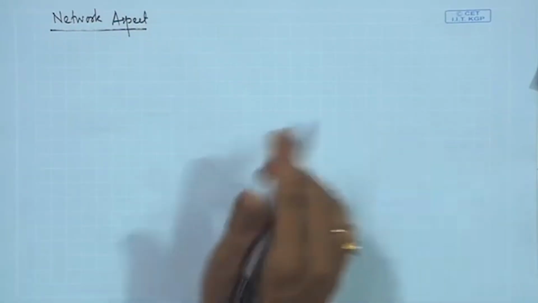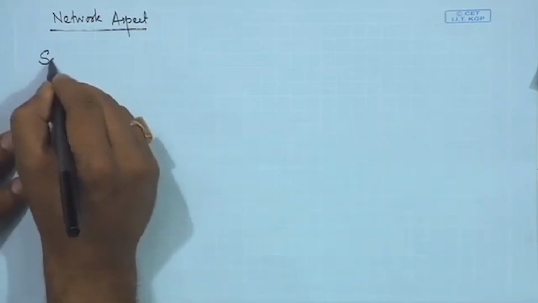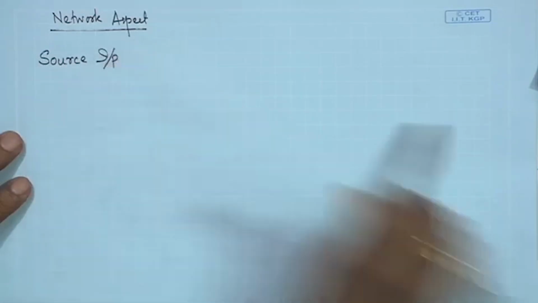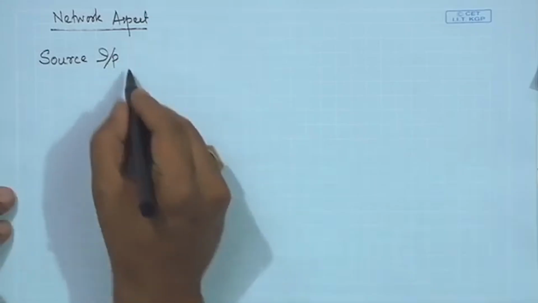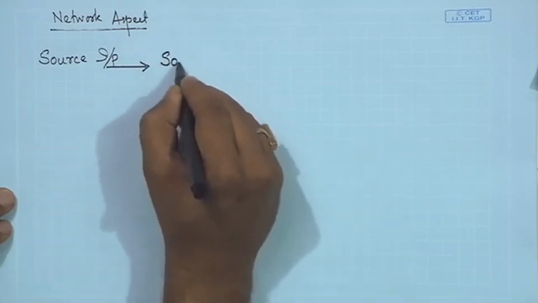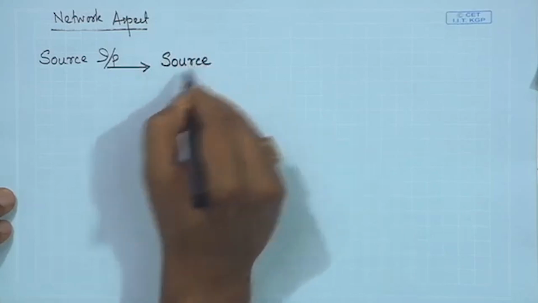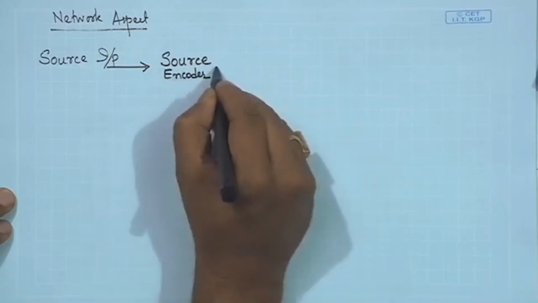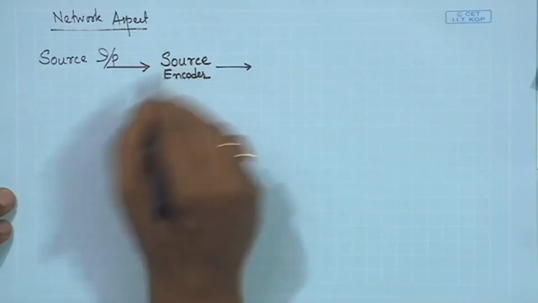The network aspect in a similar way, we have the source input, that is what we have been doing. The source input goes into the source encoder, whose block diagram we have discussed, and we will go into each details of the source encoder blocks later on.